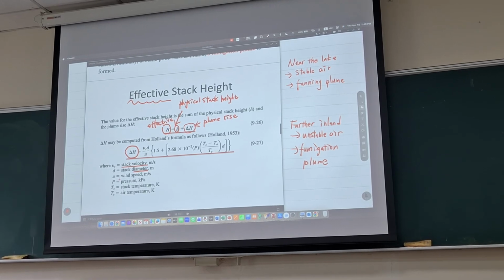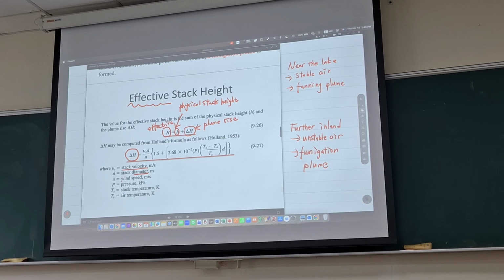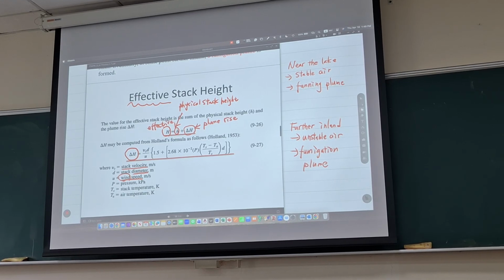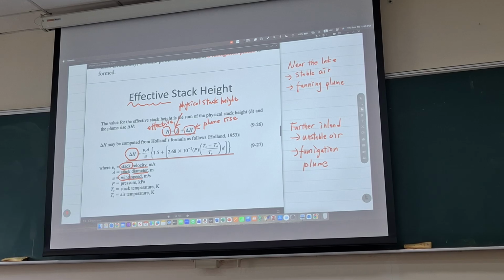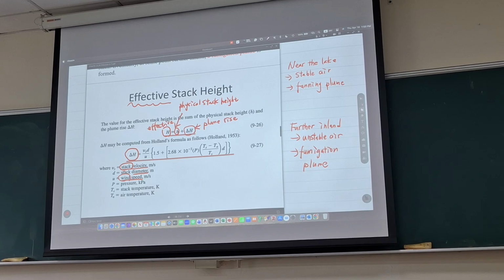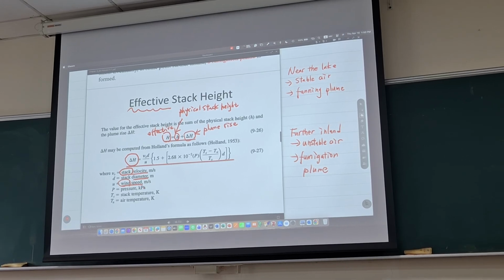U is another velocity, the wind speed. You also need to take the wind speed into account. So one is stack velocity, the other one is wind speed. P is pressure, and the unit is kilopascal.